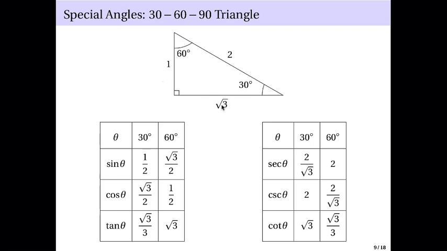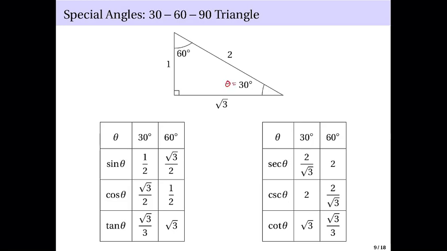The hypotenuse will be equal to 2. 1 squared plus square root of 3 squared: square root of 3 squared is 3, so 1 plus 3 is 4, and taking the square root we get 2. Now let us look at these tables and just look at 30 degrees. This is our theta.